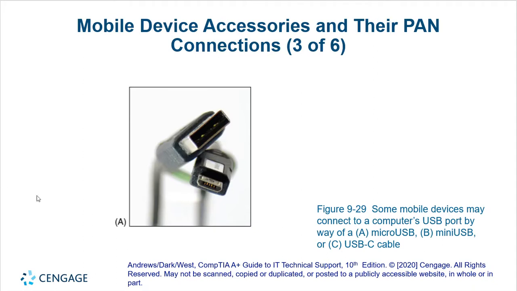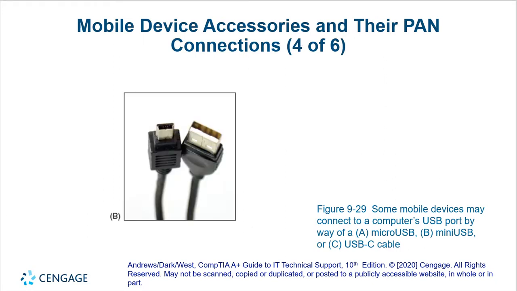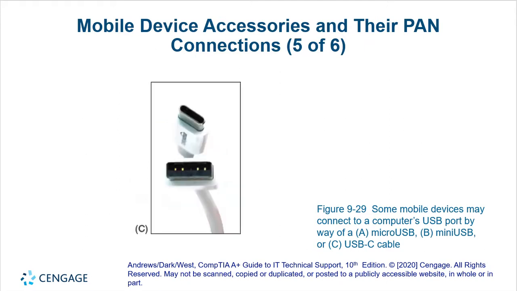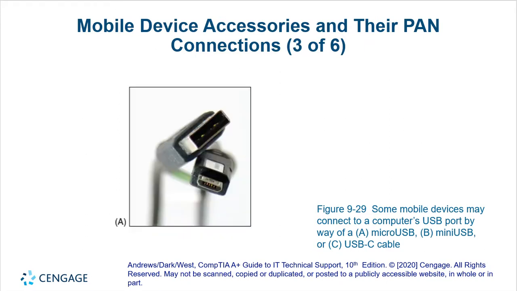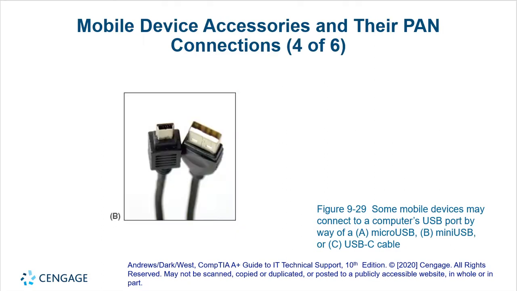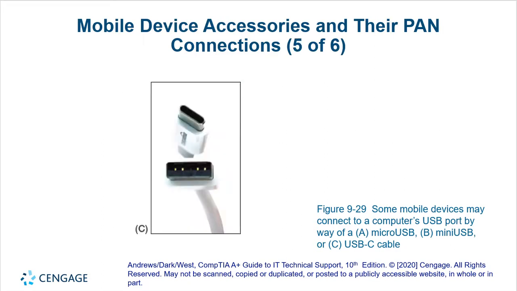And then here you've got your micro and mini USB. This does not show USB-C, but you can see this is one of the options that you can connect. Here is another, and then we've got micro, mini, and then here is USB-C.